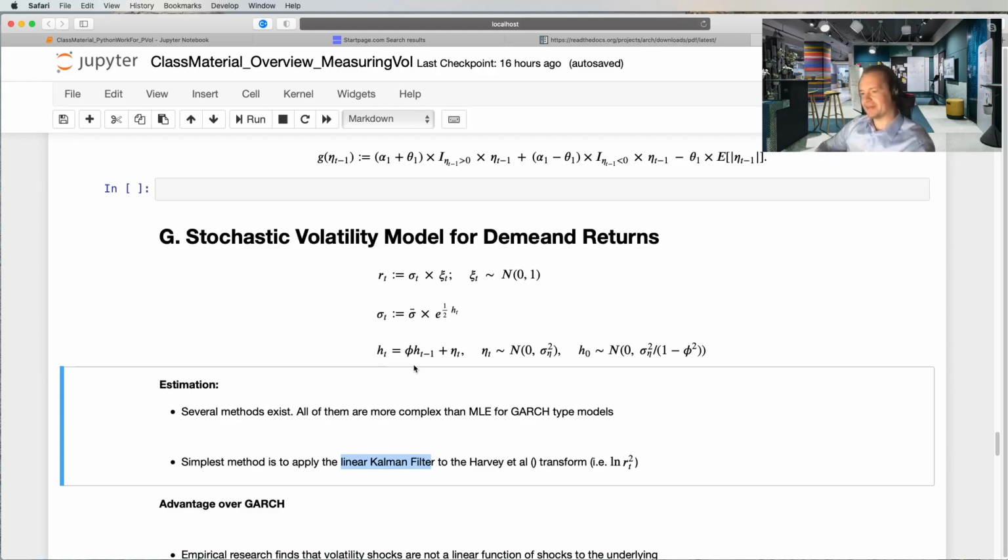And the Harvey, he's a finance professor. He came across a finance problem where he wanted to model the volatility of different exchange rates. And he didn't want to use the GARCH because he wanted to use a multi-factor model for the vols.